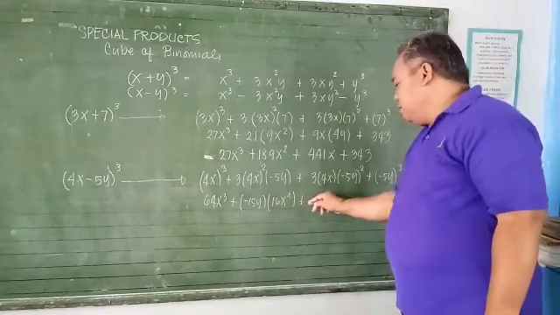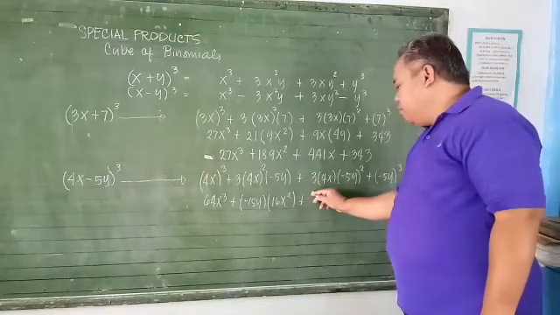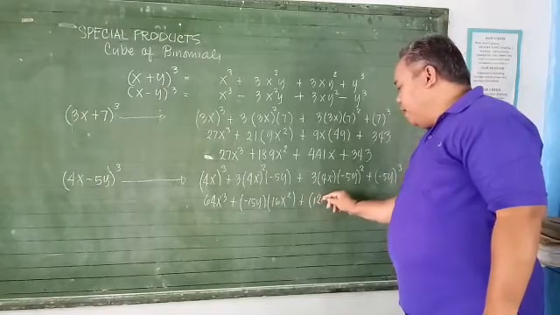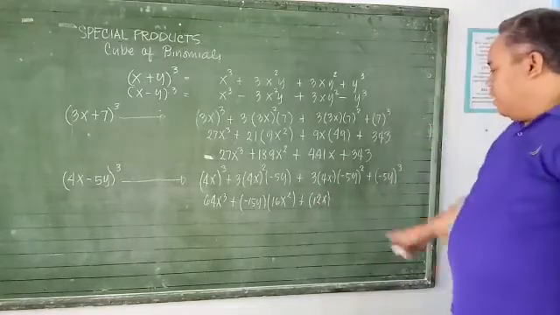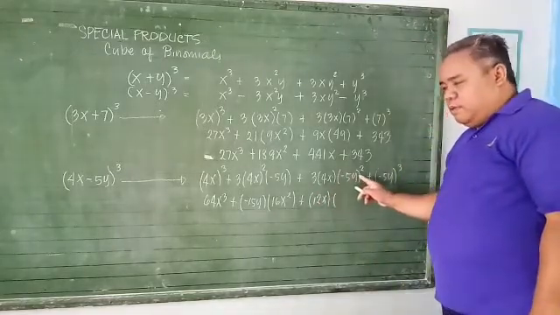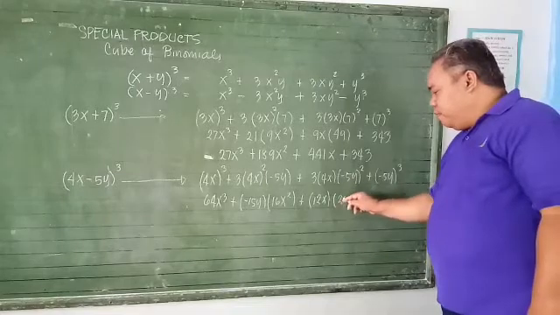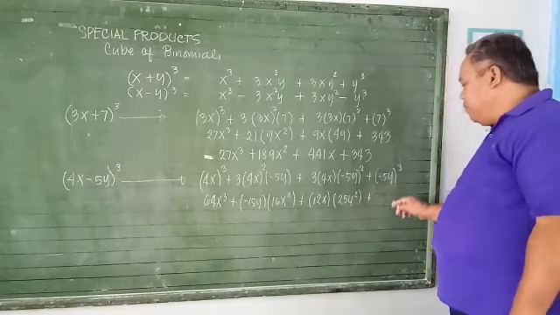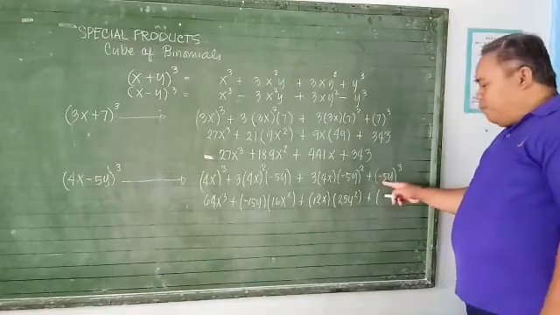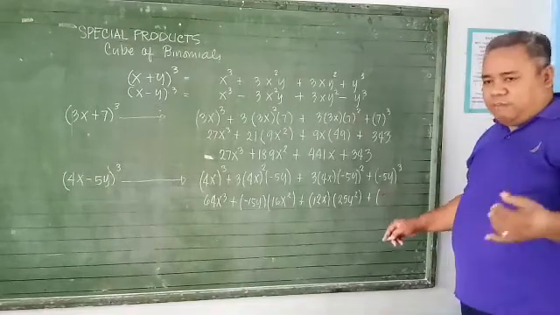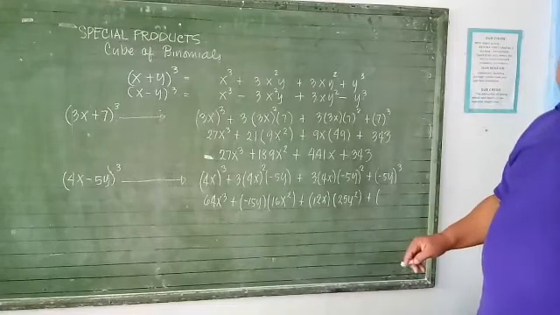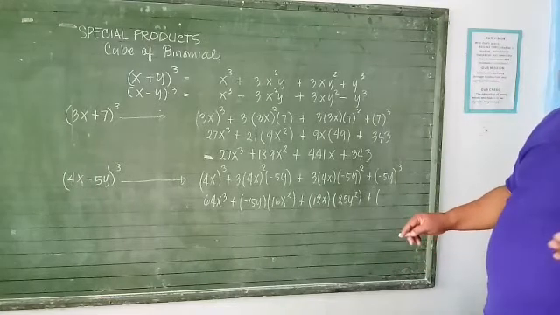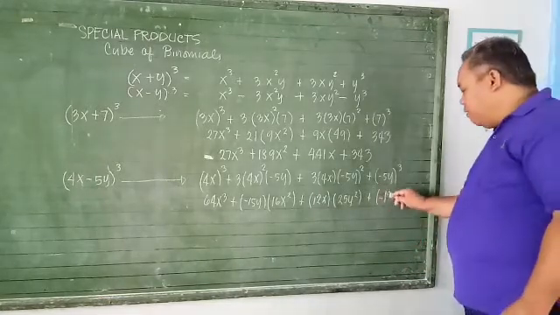Then plus, ito muna, it will give you 12x. And negative 5 squared will give you 25y squared. And then for the last term, it will give you cube of negative 5. Negative 5 times negative 5 gives you positive 25. Times negative 5 again, it's negative 125y.